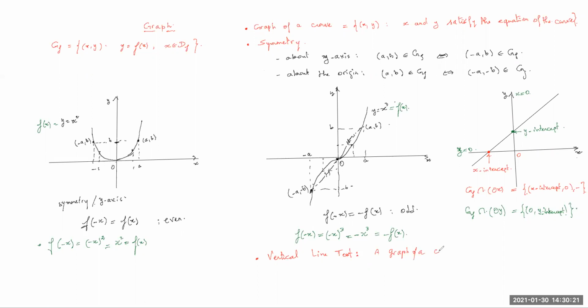A curve is the graph of a function, meaning it is described by an equation y equals f(x), if any vertical line intersects the curve in only one point.